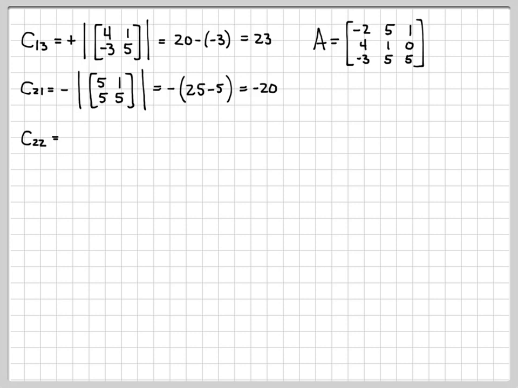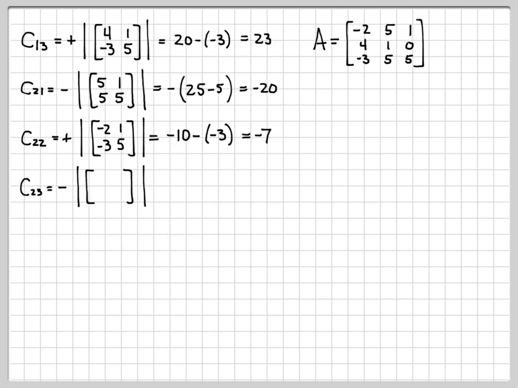C22 will be plus the determinant of this 2 by 2 matrix, which is -10 minus a -3, giving me -7. And 3 more to go now. C23 will be minus the determinant of this 2 by 2 matrix, which is -10 minus a -15, which is -5.